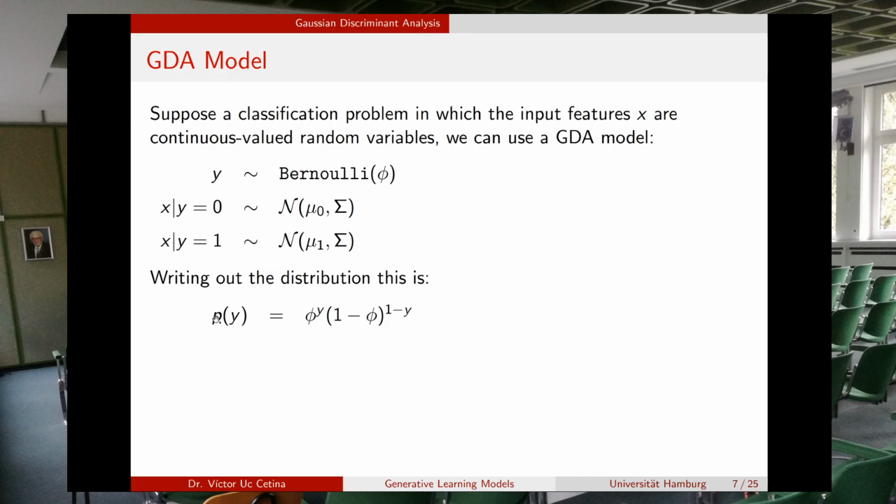So we can write the probability of our label in this way. Remember that y could be 0 or 1. If y equals 0, then this factor is 1, and then we consider only 1 minus the probability pi, to the power 1 minus 0, so this will be only 1.